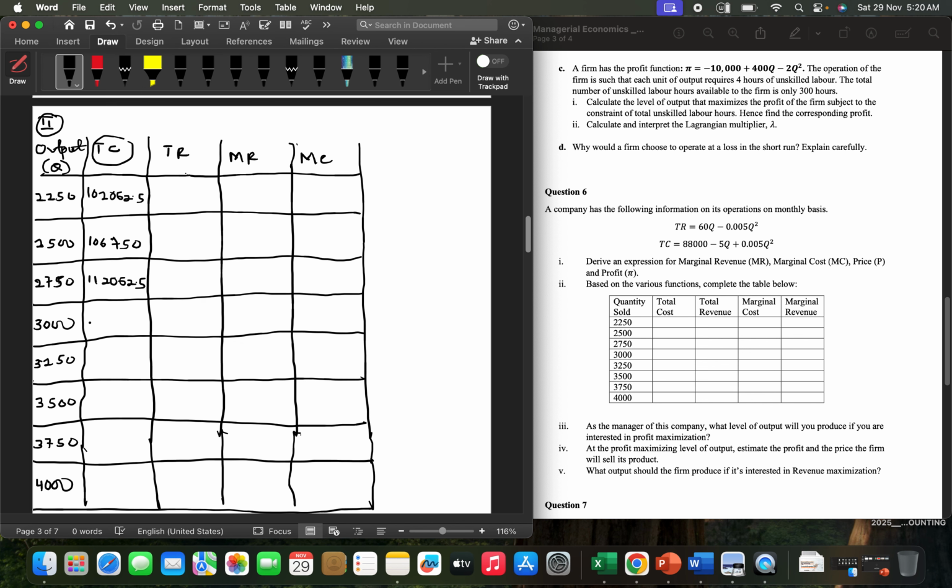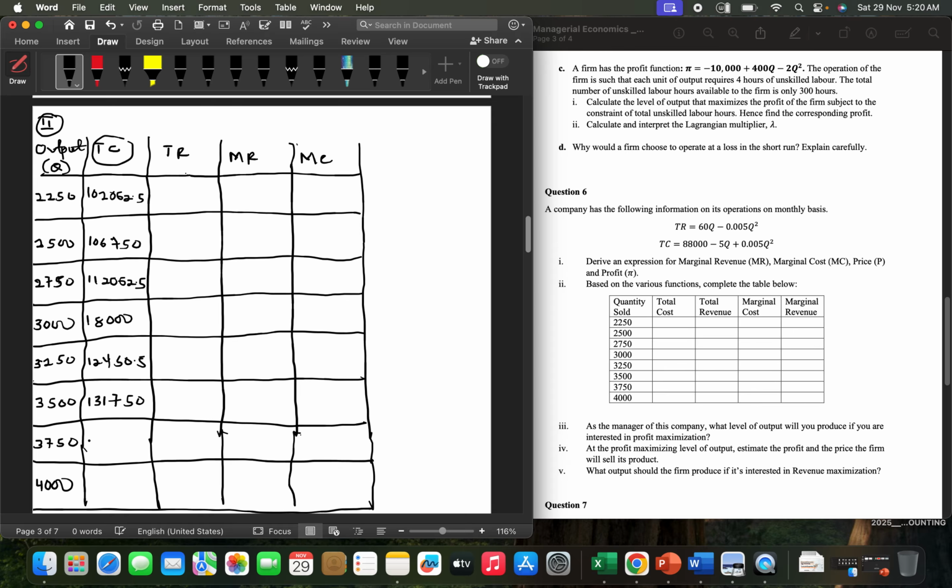Then the next one is 118,000. The next one is 124,562.5. The next one is 131,750.